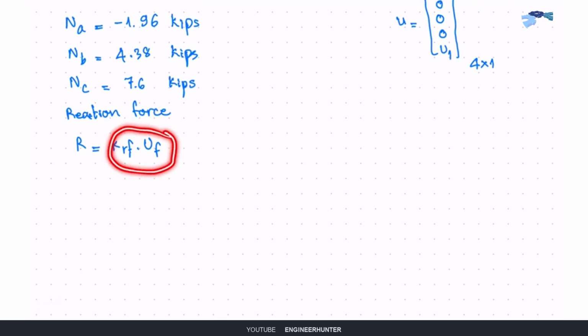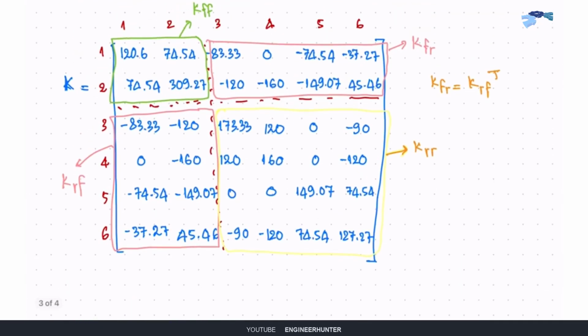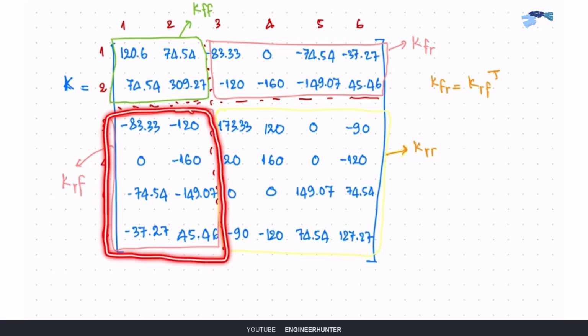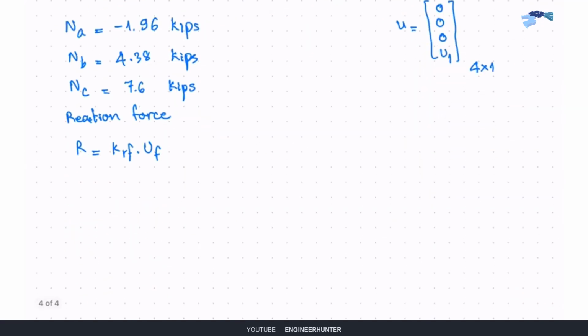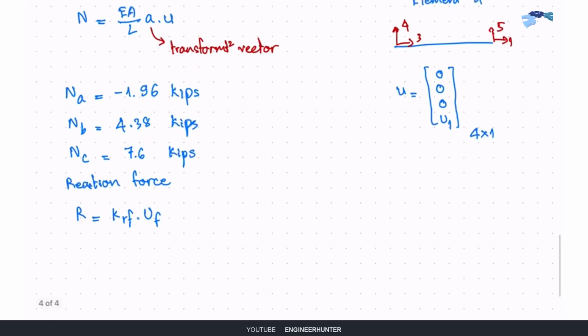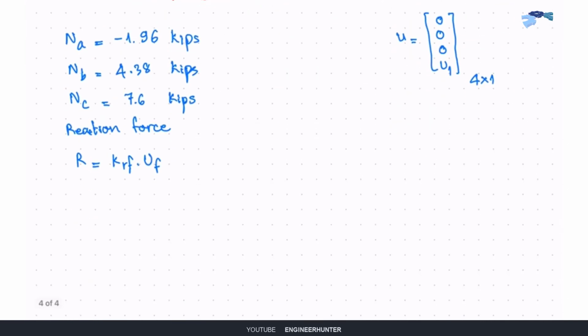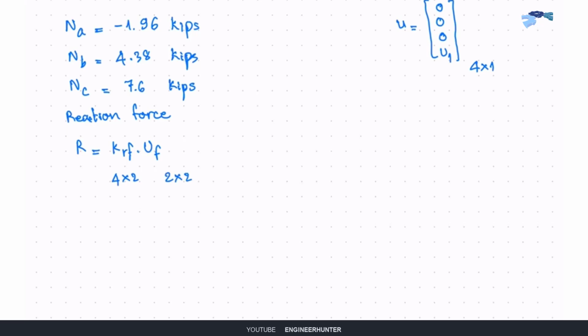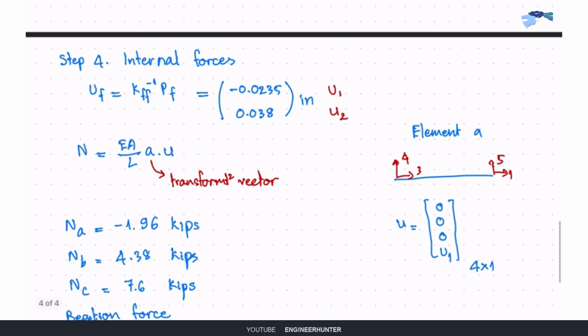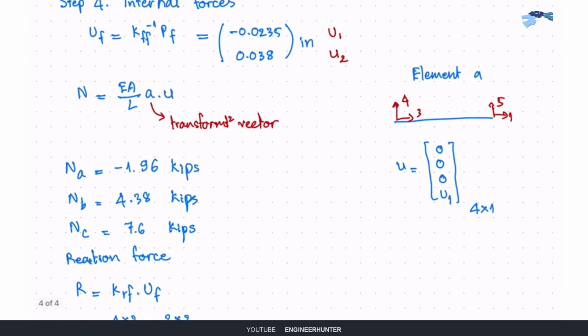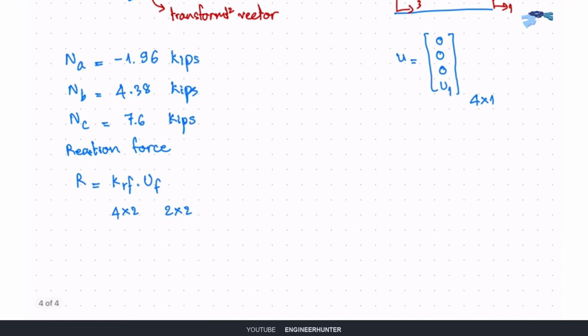So KRF is this matrix, and UF is this vector. So this will be a matrix 4 by 2 multiplied by the vector 2 by 2. Sorry, I think I got this wrong. This is 2 by 1.